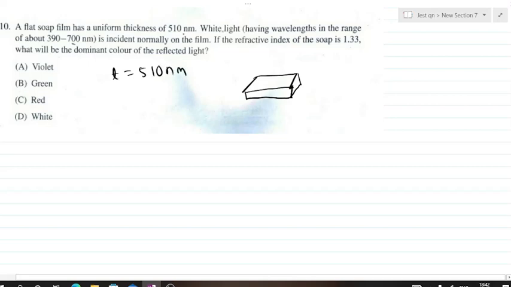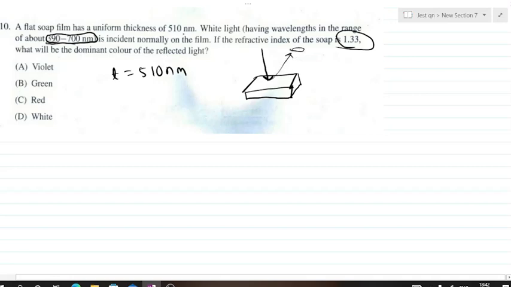White light having wavelengths in the range 390 to 700 nanometer is incident normally on the thin film. If the refractive index of the soap is 1.33, then what will be the dominant color of the reflected light?